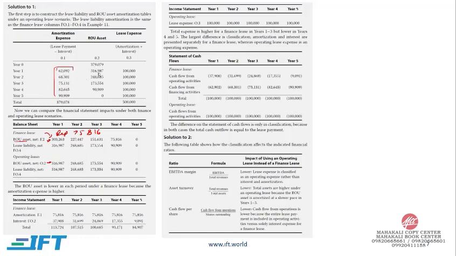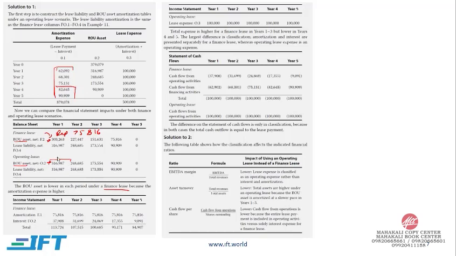So 379,079 minus 62,092 would obviously be more than deducting 75,816. But anyhow, at these points your principal repayments are more, but nevertheless, your right of use under finance lease is less as compared to your right of use under operating lease. Right of use assets are lower in each period under finance lease. This is what we have discussed.